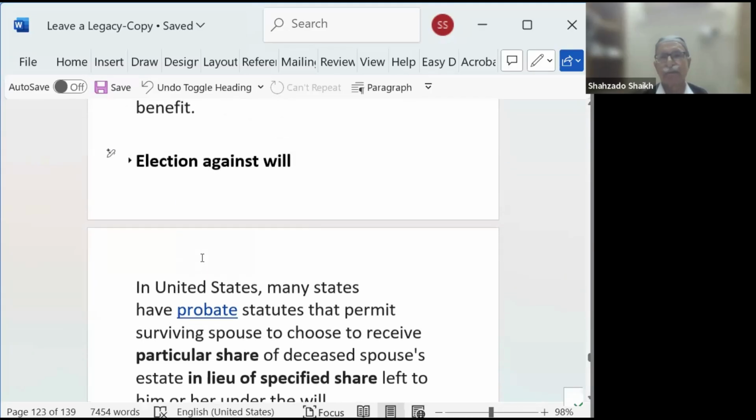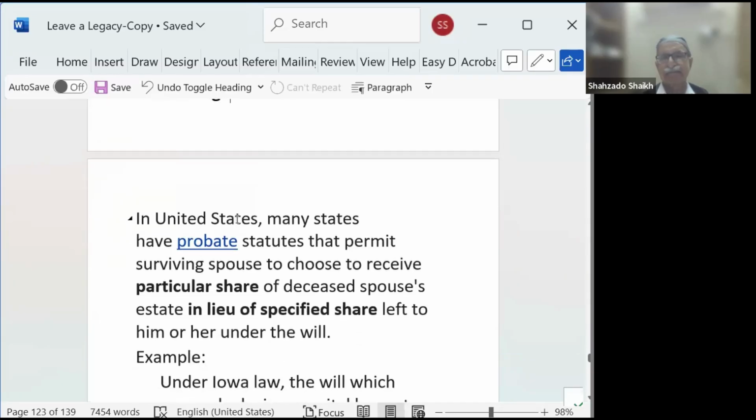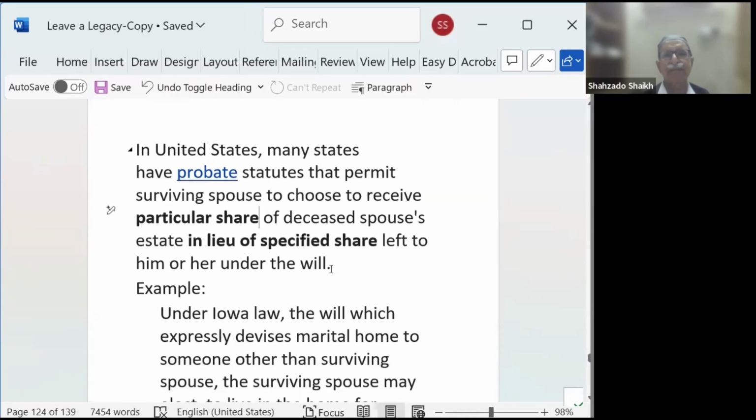I'll read this out for you because you must be careful in this regard. In the United States, and this provision is very Islamic, many states have probate statutes that permit the surviving spouse to choose to receive a particular share, for example, a house, I have given an example, a particular share of the deceased spouse's estate in lieu of the specified share, for example, cash, left to him or her under the will.